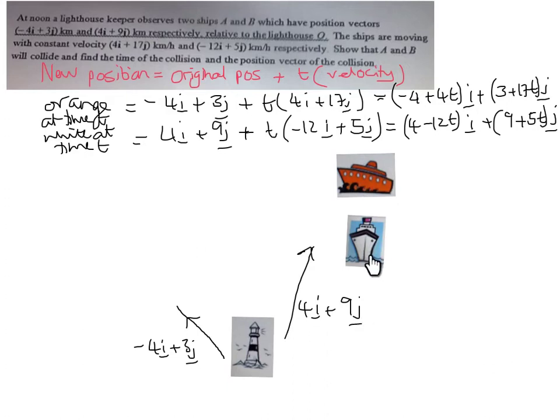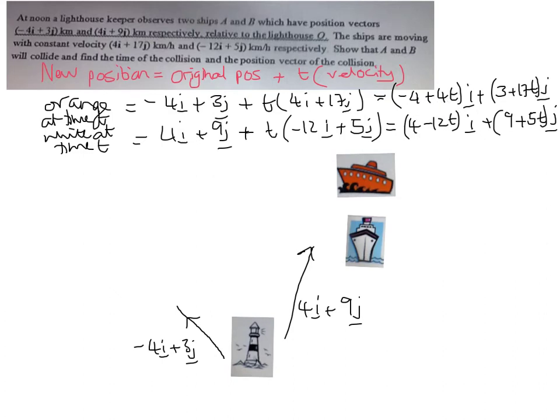The white ship is south of the orange ship, and the orange ship is north of the white ship. So if two objects are north and south of each other, then their i components will be the same. So this will equal this.